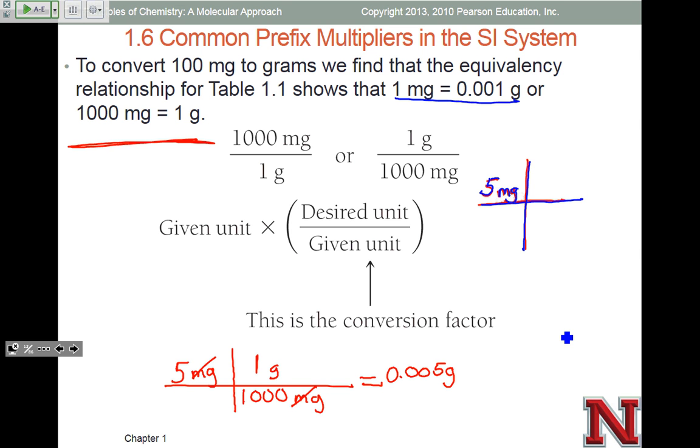I'm still going to put my milligram on the bottom, but I'm using this relationship, which is exactly the same. So my milligrams are still on the bottom. The 1 is with my milligram on that side of the equal sign, so that's what's still tied to it. And what happens? I get the same number.